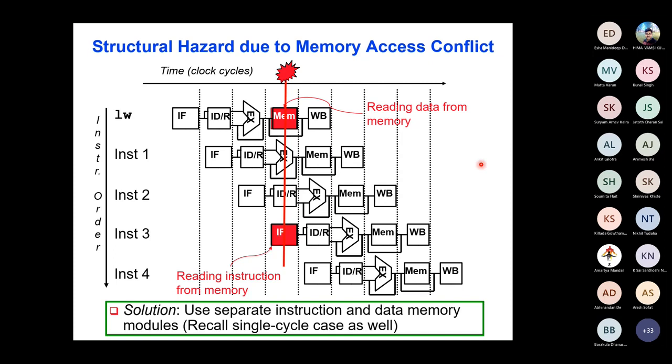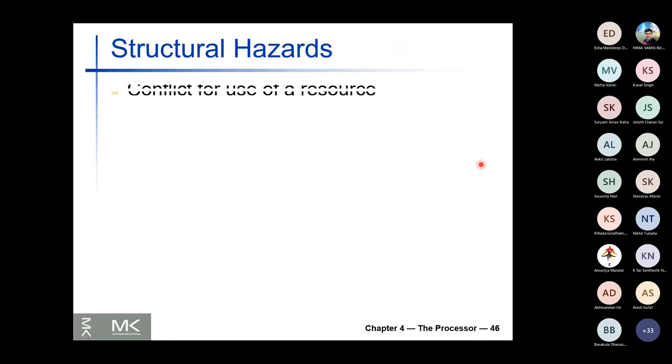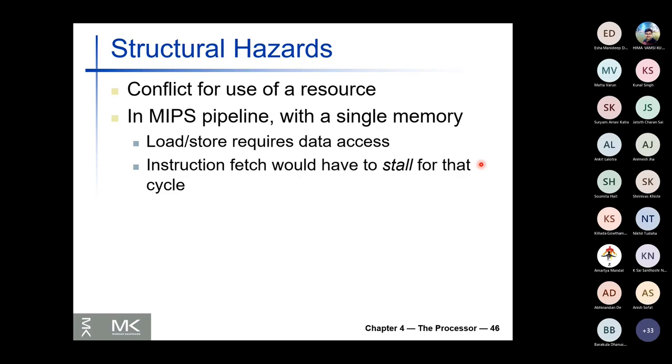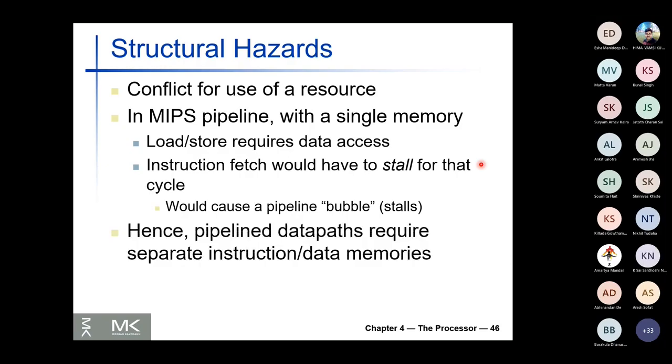Either you duplicate or replicate the resource, or you insert a stall. It would cause a pipeline bubble, or require separate instruction and data memory, or separate instruction and data cache in this example. There are more involved and complicated examples involving the floating point pipeline.